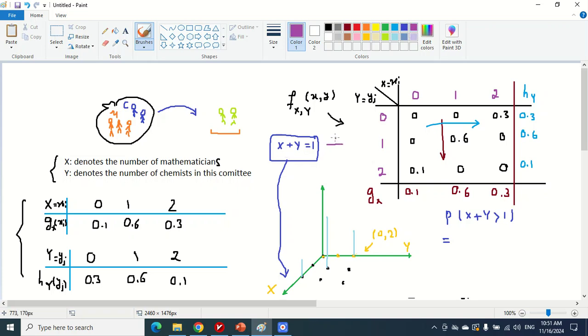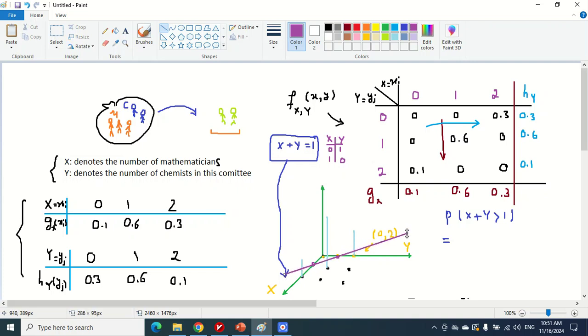It's a line, so I just give 2 points. I will sketch a table and put two values. For example, if x equals 0, then y equals 1. If x equals 1, then y equals 0. So the point 1, 0 is here, and 0, 1 is there. The line connecting these two values can be sketched like this.